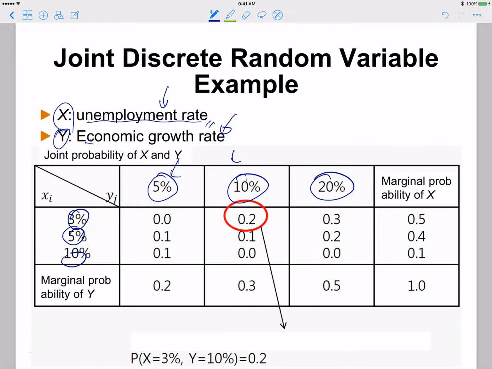Suppose these are the probability values for each of these combinations. So our event is unemployment rate is 3% and the economic growth rate is 20%, and its corresponding probability is 0.3.